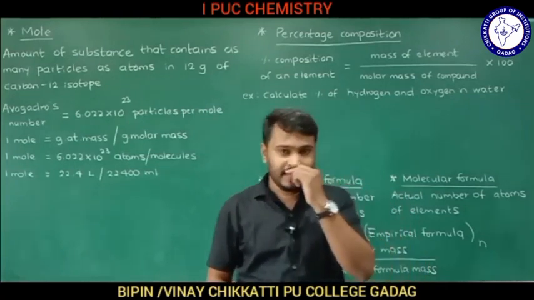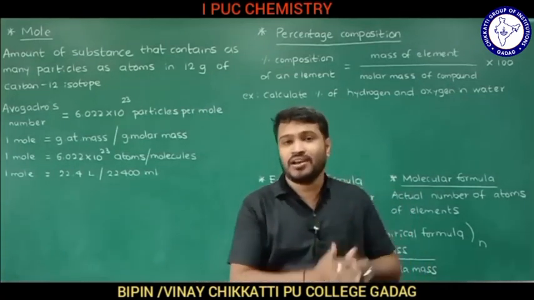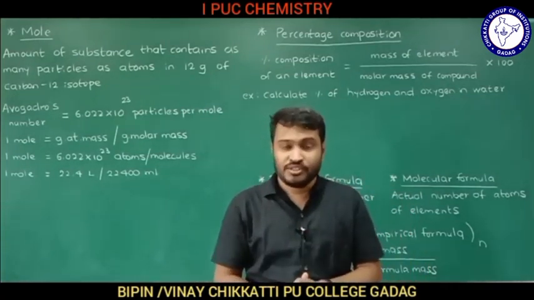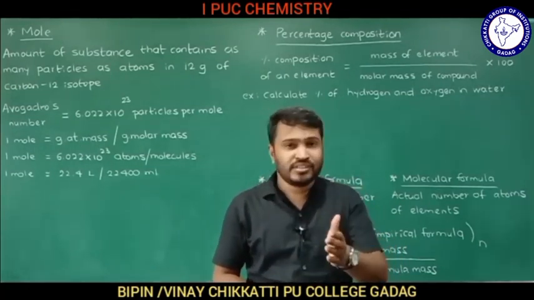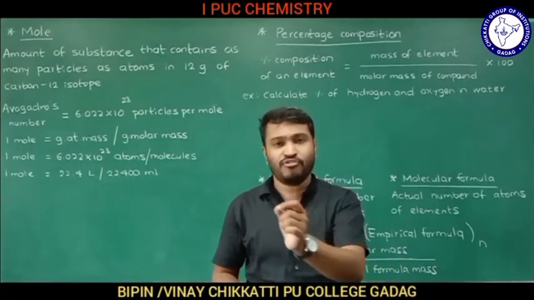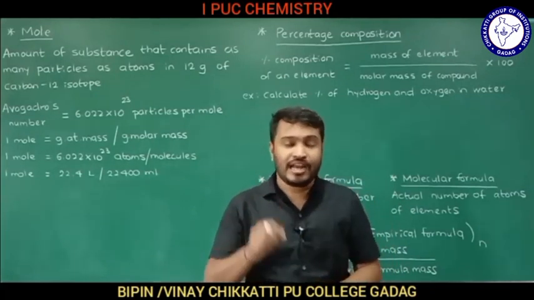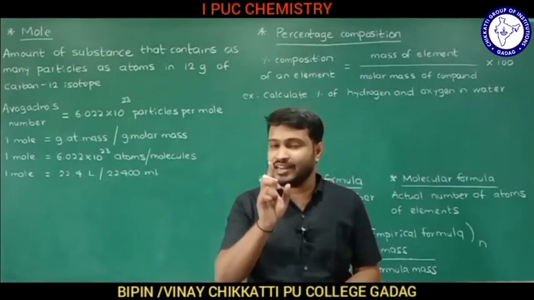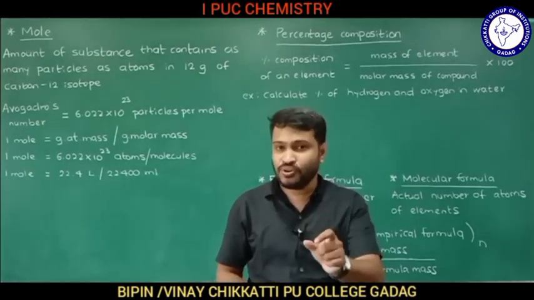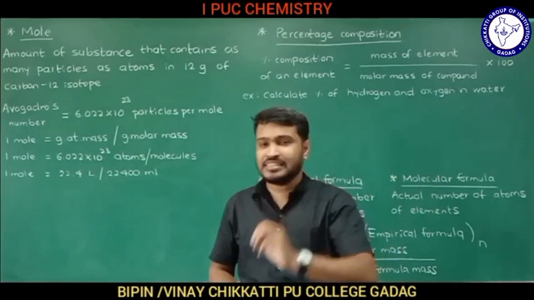I told you already, we consider carbon 12 as the standard. So if you consider 12 grams of carbon 12 isotope, and count how many particles are there, that will be the meaning of mole, that is the amount of matter present in a substance.